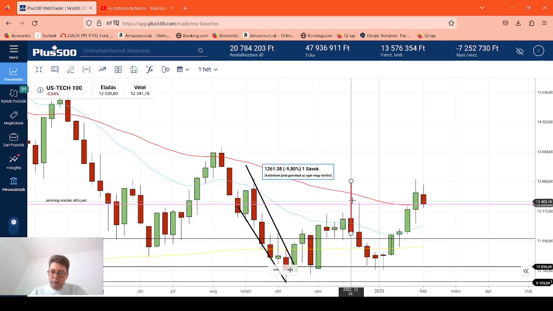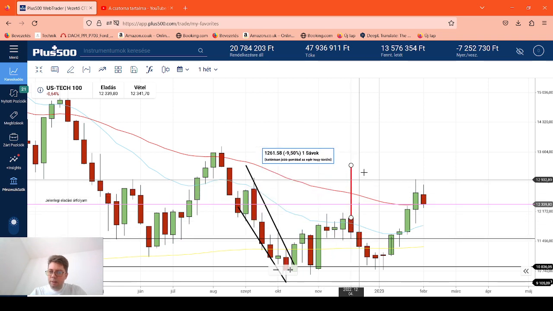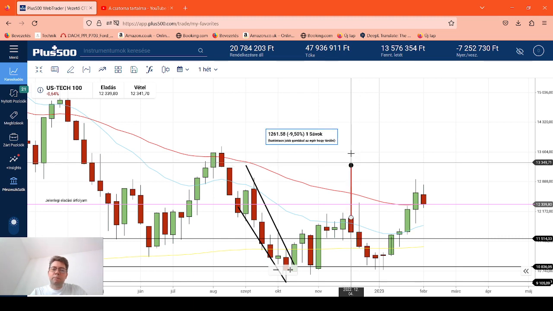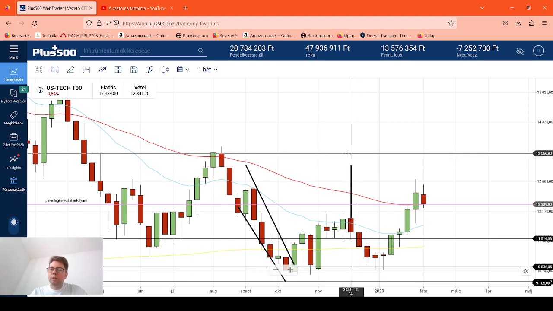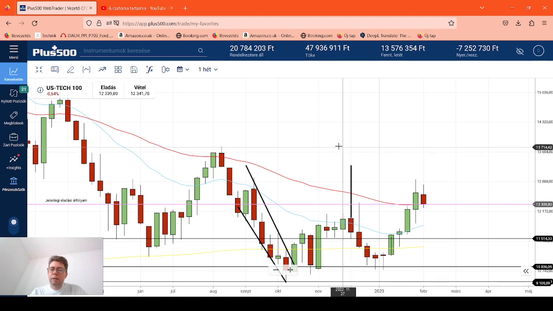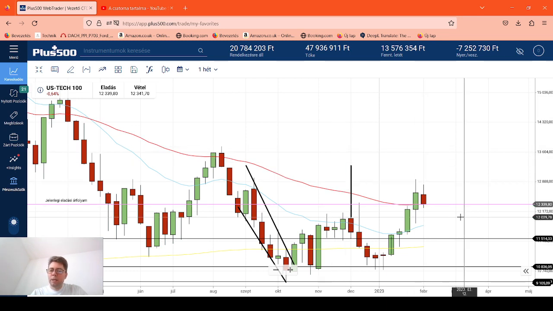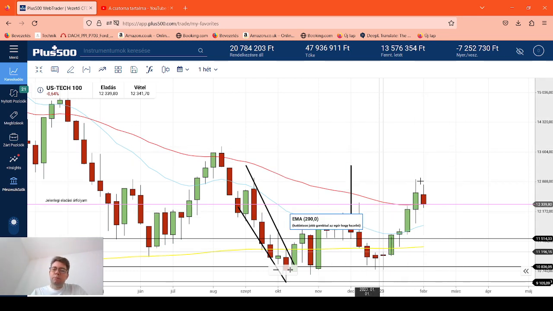So if I only look at the bodies here, price target is 13,288. However, when we get there, probably we will run to 13,500, 13,600, even 13,740 to that area.